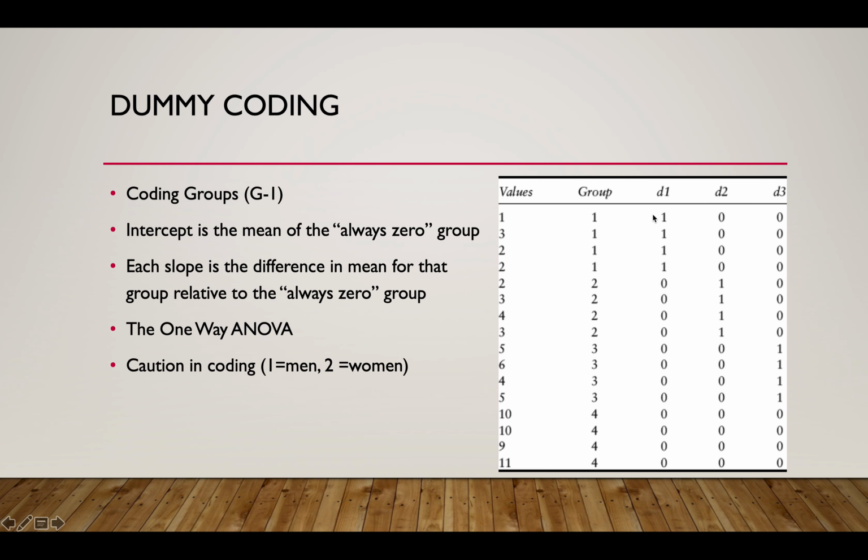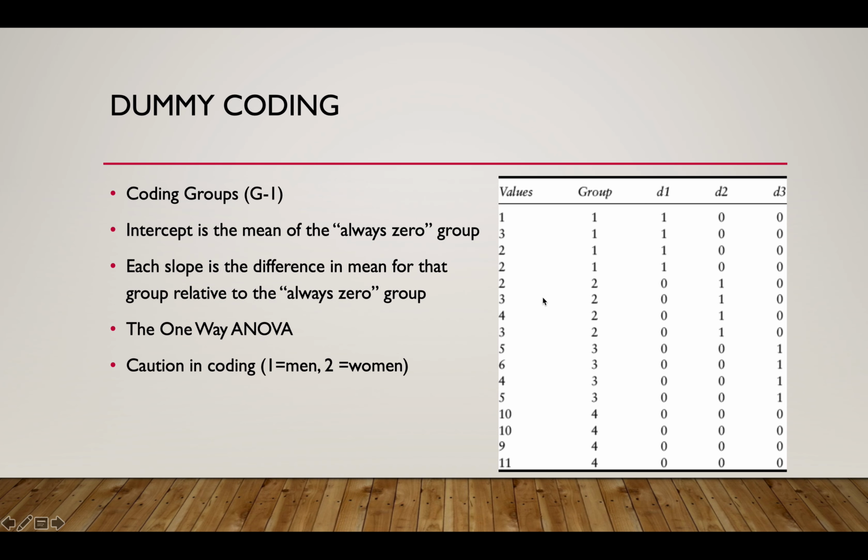Notice that D1 is all ones to indicate group 1, D2 is all ones to indicate group 2, D3 is all ones to indicate group 3, and for D4 we don't have a dummy coded group. They are the always zero group. In other words, they are the comparison group. So when you run your regression model, you will only have D1, D2, and D3 in there, because D4 is the always zero group, and everything else is relative to D4.